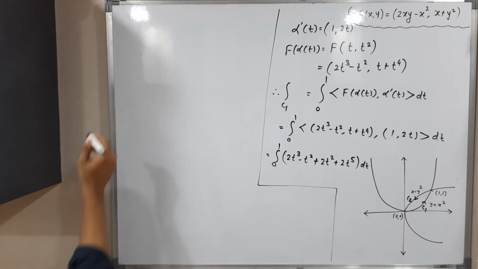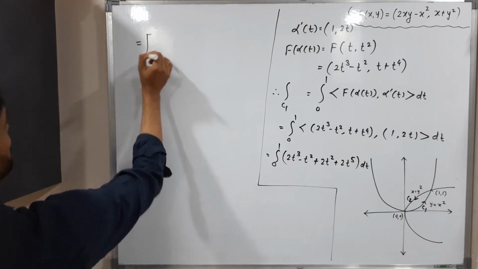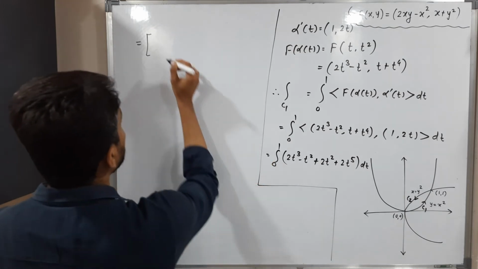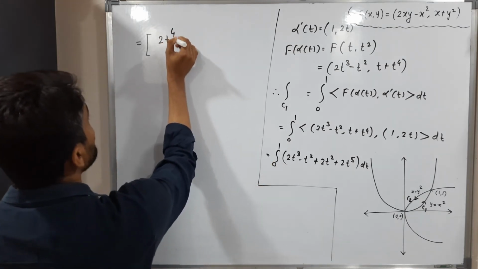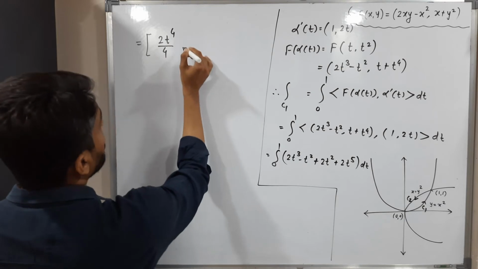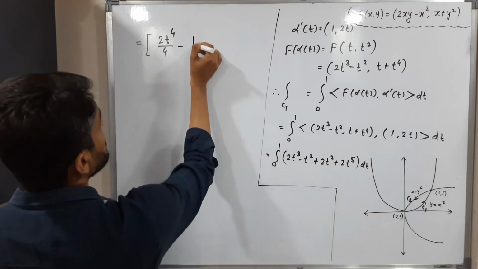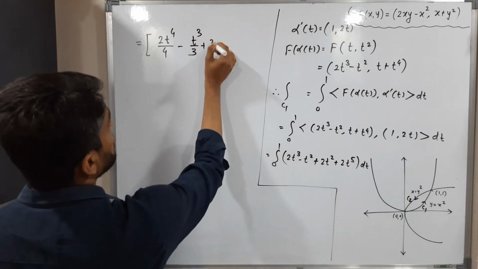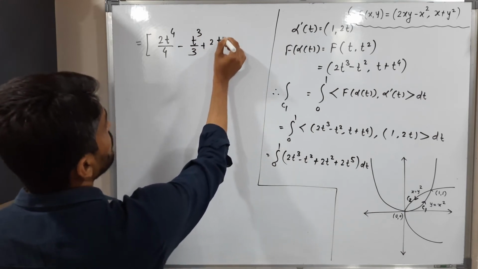So this is equal to, since addition and subtraction are there, we can take separate integrals, 2 as it is. Integration of t cube is t raised to 4 by 4, minus integration of t square is t cube by 3. Here 2 as it is, t square is t cube by 3.